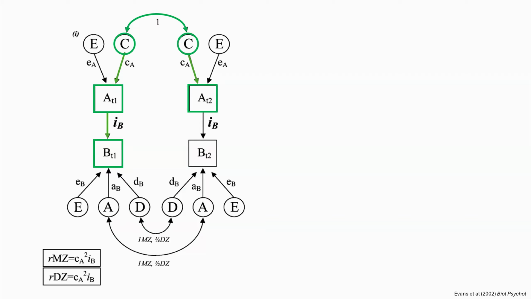Finally, note that we have calculated the expected covariance between twin 1 variable B and twin 2 variable A. It would also have been possible to calculate the expected covariance between twin 1 variable A and twin 2 variable B. If we'd done this, we would have obtained the exact same covariance. Pause the video now and try it yourself.